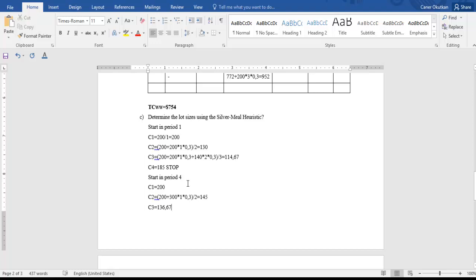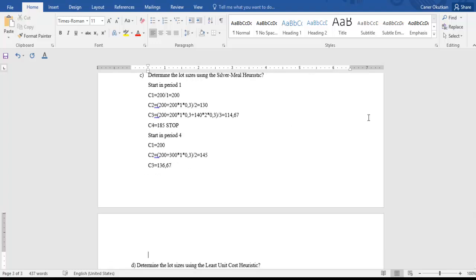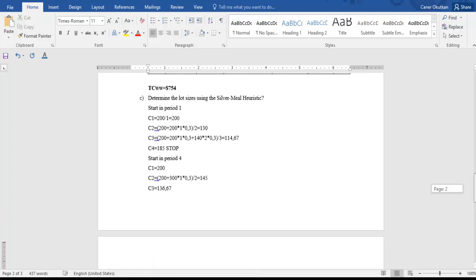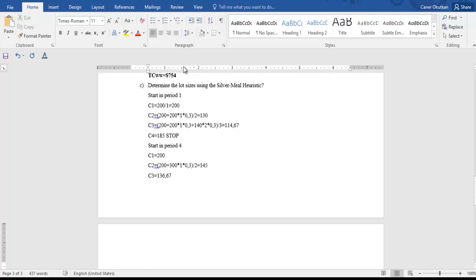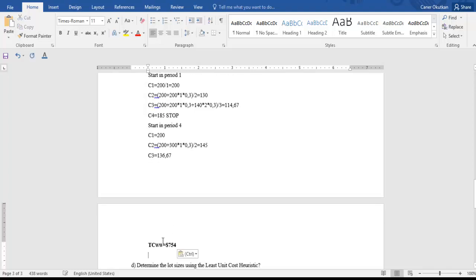So we can calculate, but we can see our total cost in using Silver-Meal heuristic.